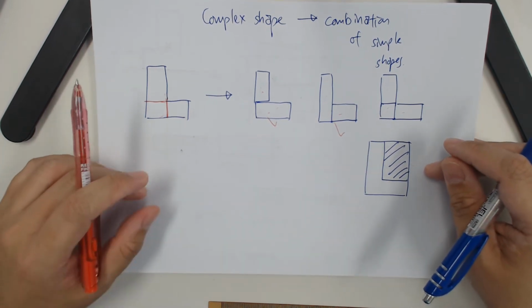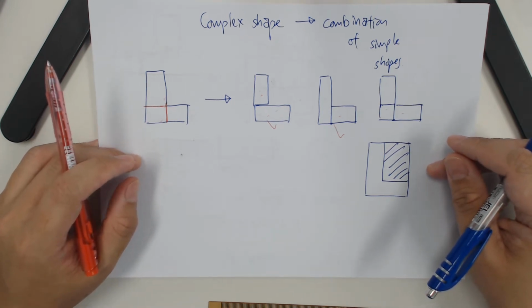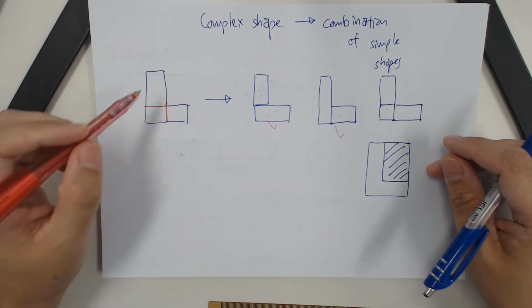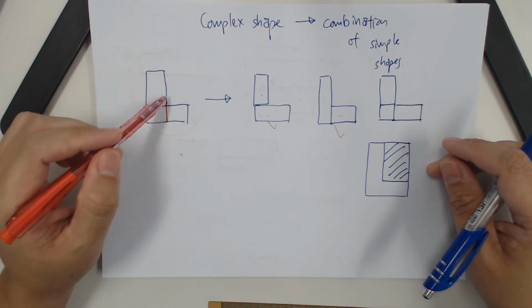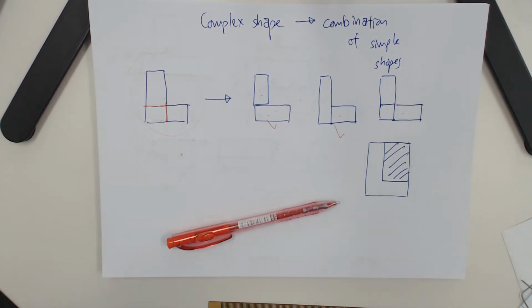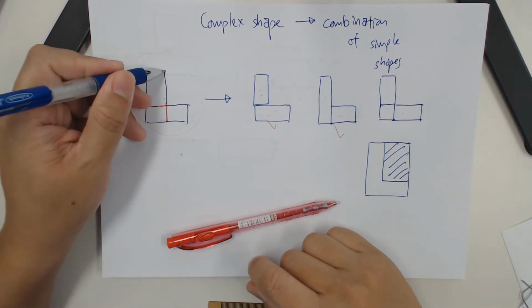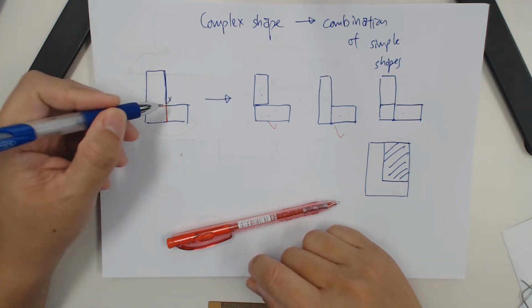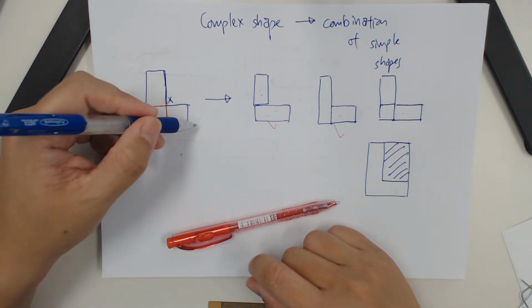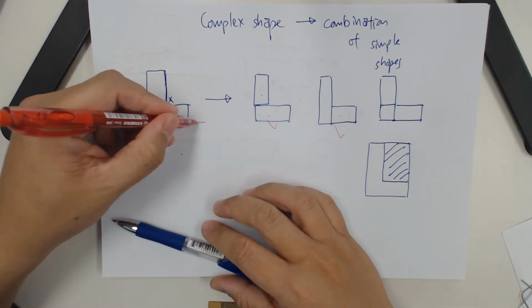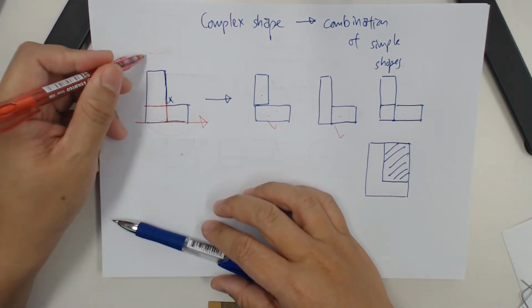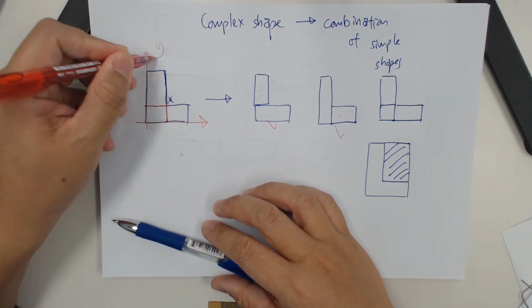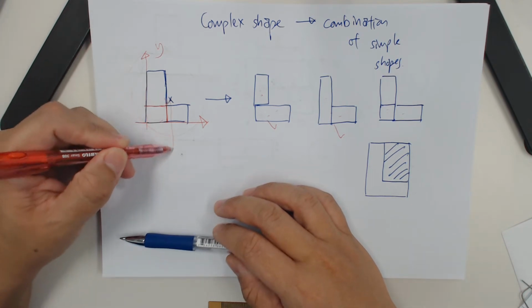And you would want to find the centroid of the complex shape. That is usually the issue here, because you do not know where this location is. If I set my x and y axis very clearly, this is the x axis, this is the y axis, where is this centroid going to be?